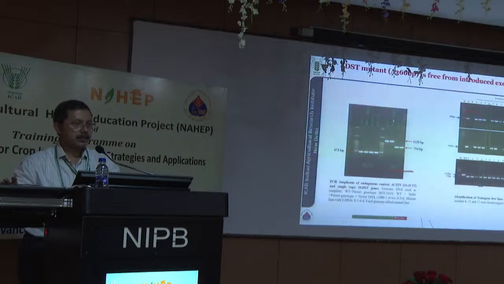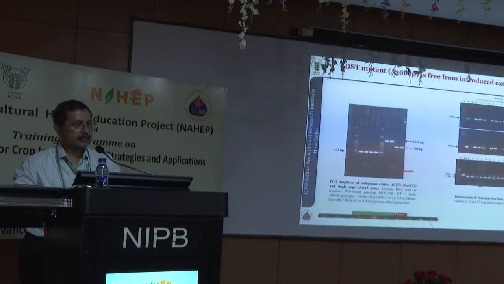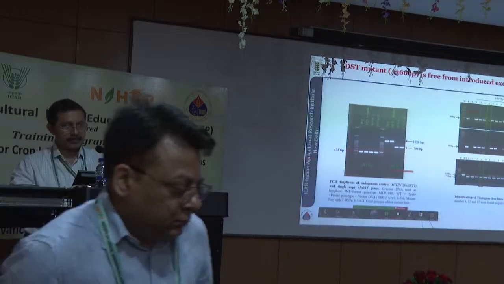So all primer pairs should amplify with this wild type plus spiked DNA template. And the transgenic line, the original transgenic line from which we obtained the final genome edited plant, is also again a positive control. And the mutant line and the wild type line should be free from the foreign DNA.